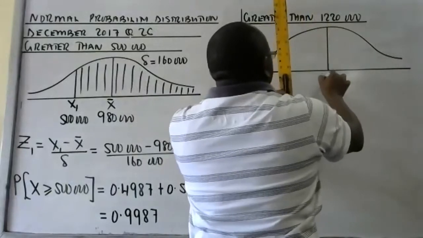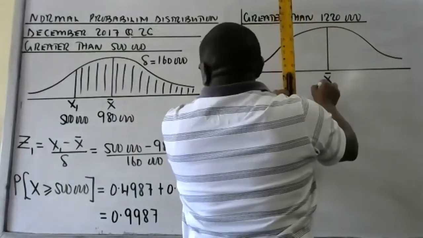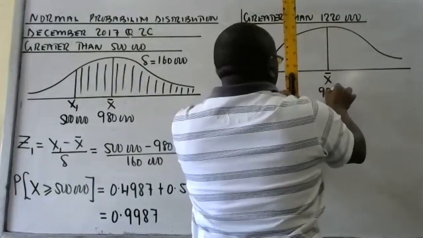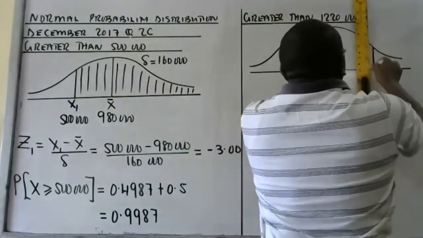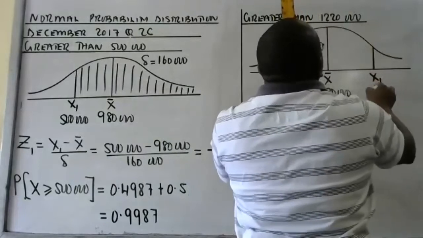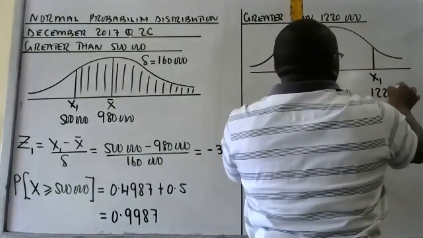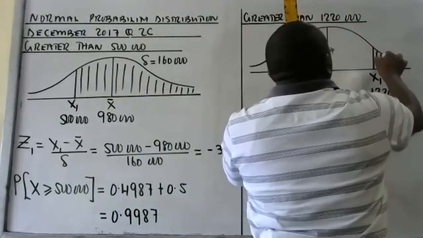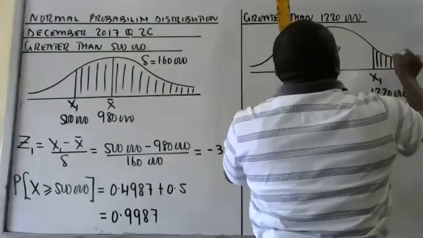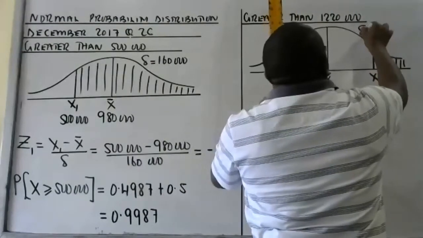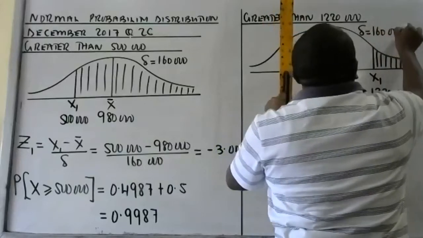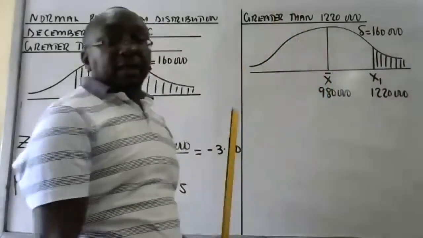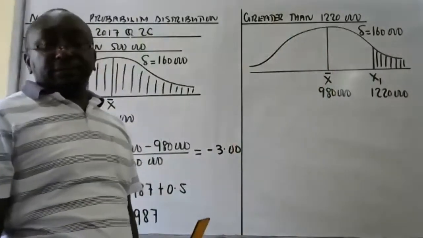The mean here is 980,000. X1 here is 1,220,000. So we want this greater than. And the standard deviation here is 160.